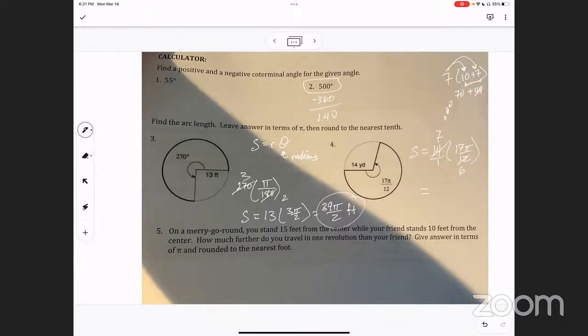Why would I think of this as 30 and 19? Because the 70 and 30 make 100, and then you just add 19. Done. That's how I do that problem in my head. It's a good thing to know. The more you do it, the quicker you get. So it's 119 pi over 6.